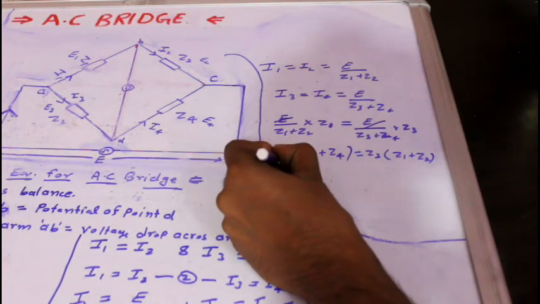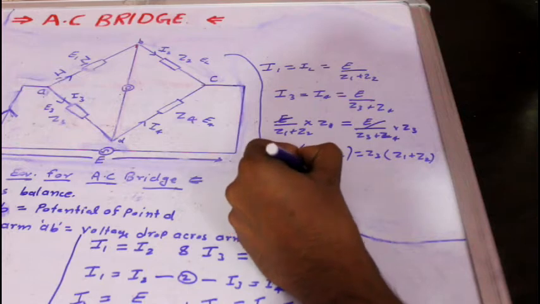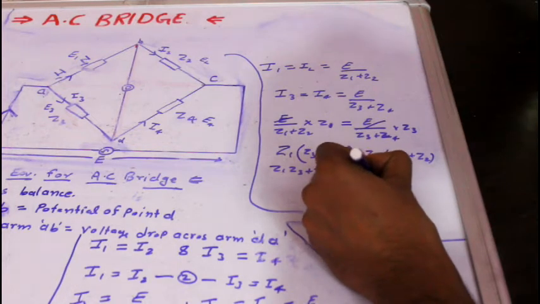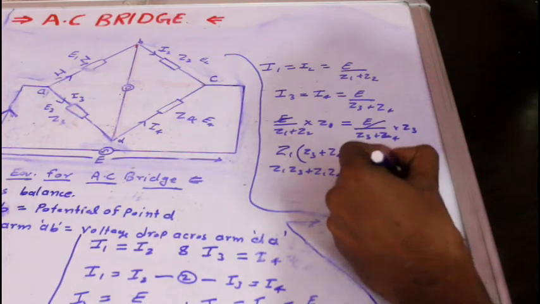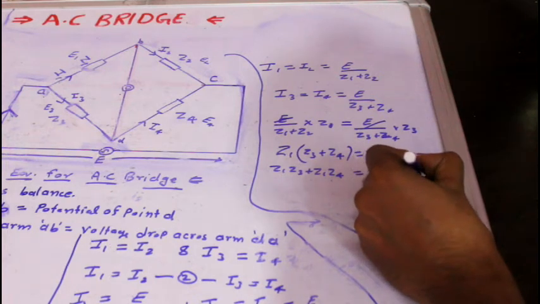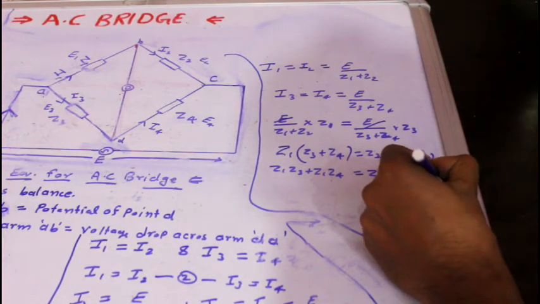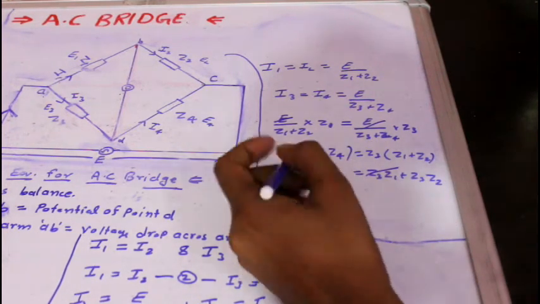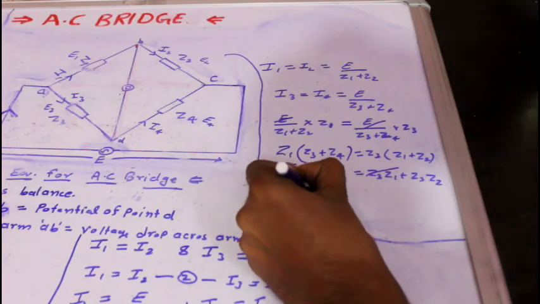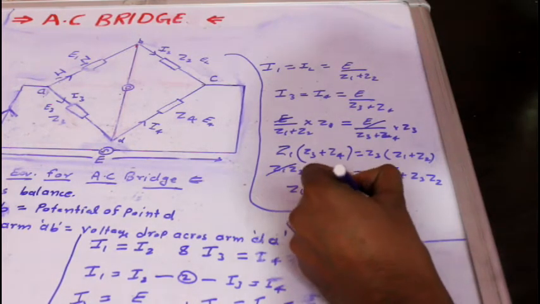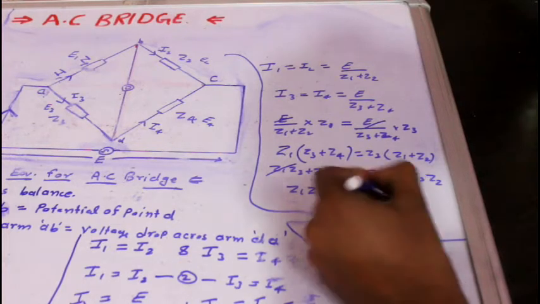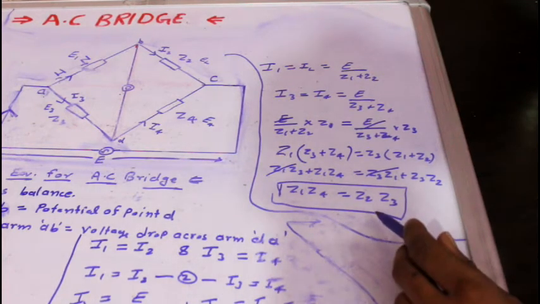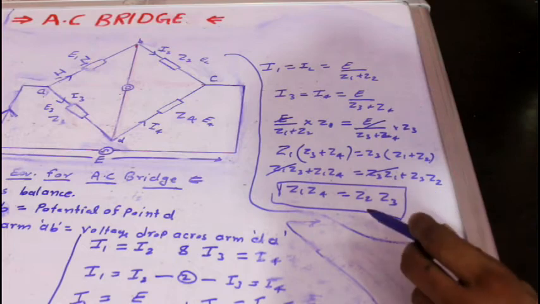So Z1 Z3 plus Z1 Z4 is equal to Z3 Z1 plus Z3 Z2. Z1 Z3 cancels, so the final value is Z1 Z4 is equal to Z2 Z3. So this is the general balance equation for an AC bridge.